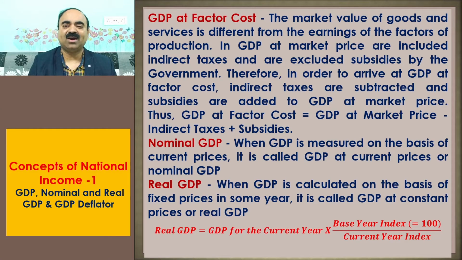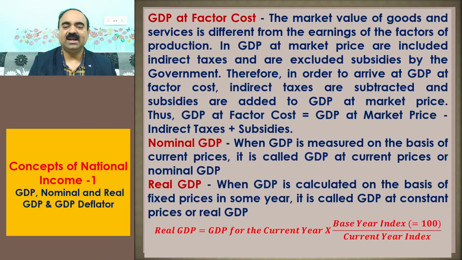GDP at factor cost. The market value of goods and services is different from the earnings of the factors of production. In GDP at market price are included indirect taxes and are excluded subsidies by the government.